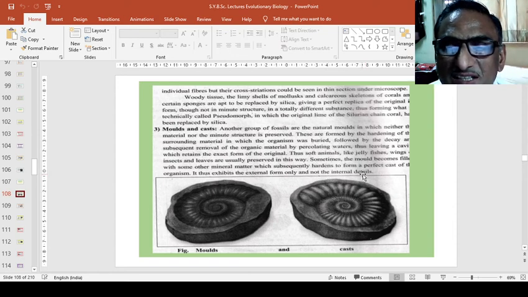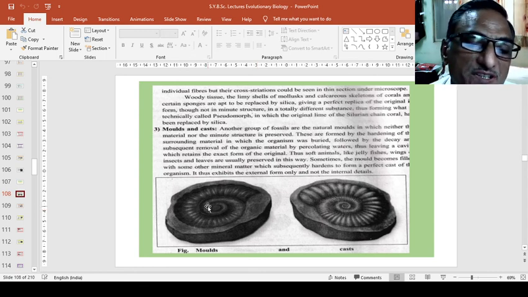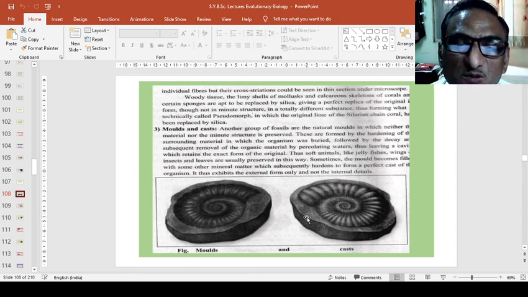So these are called casts. The cast cannot give the internal details, but the mold can give you the internal details because they are externally packed in the natural environmental media, either lava or soil or sediment of mud, whatever it may be. So they preserve the internal body materials. Here the internal body material is not preserved. So these are the two different types.